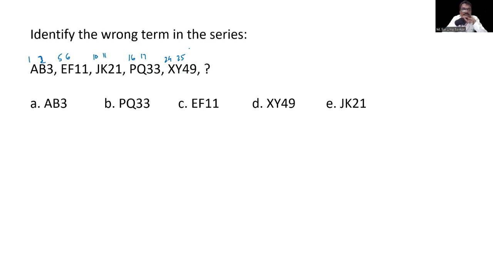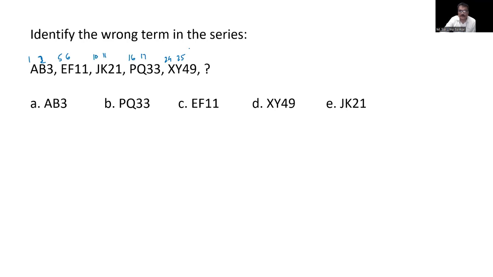Now, what is the correct answer? What is the wrong term in the series? If you observe, AB consecutive letters, EF consecutive letters, JK consecutive letters, PQ consecutive, and XY also. Okay.